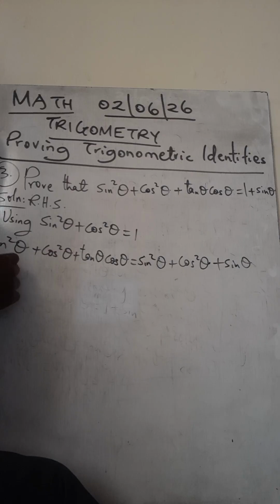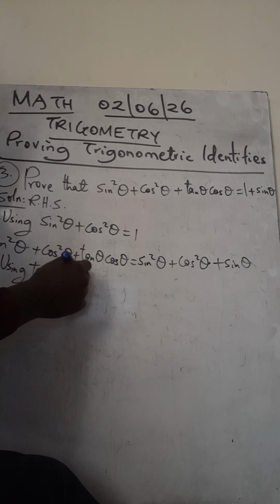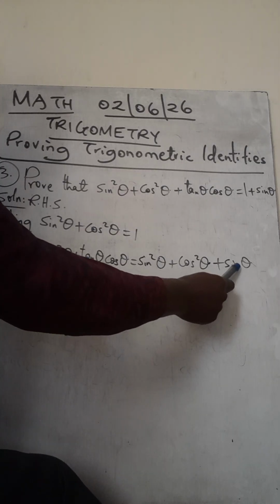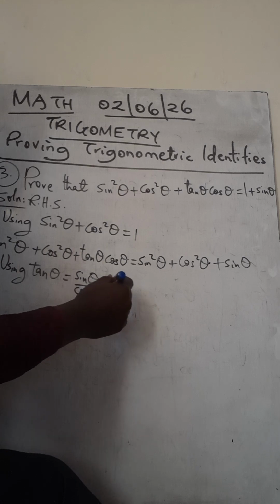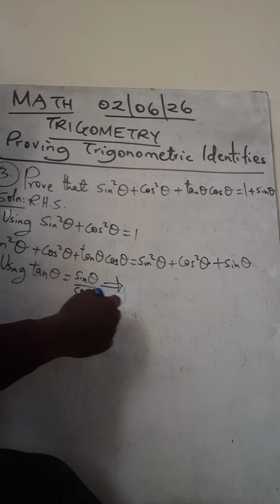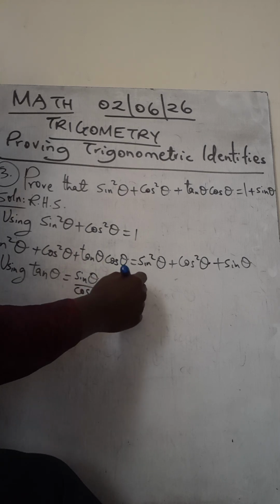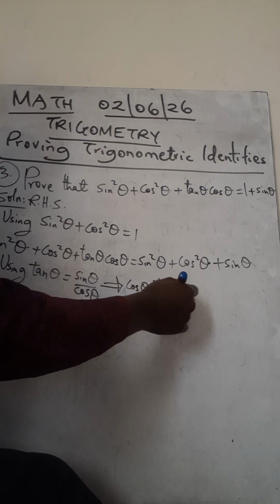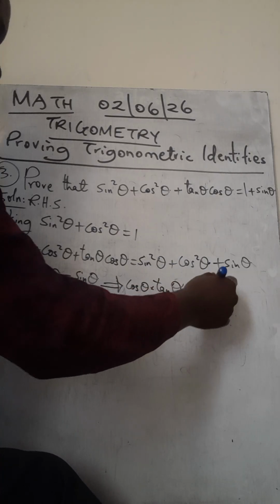Also, using tangent of theta equals to sine of theta over cosine of theta, I'm going to make sine of theta the subject of a formula by doing this. Multiply both sides by cosine of theta.